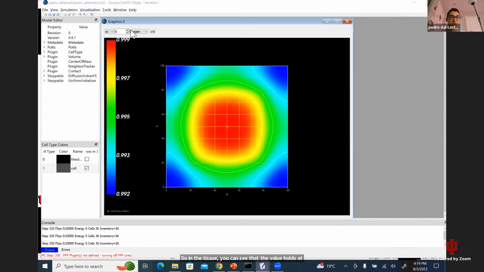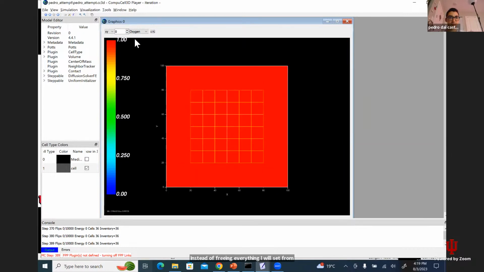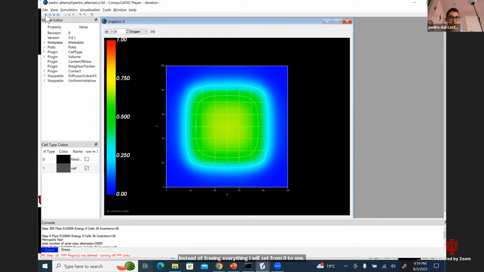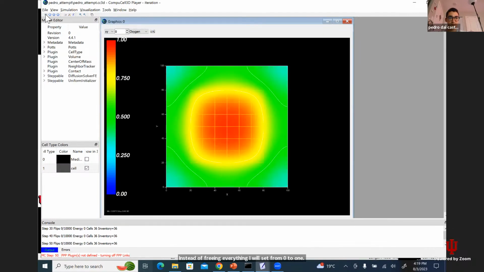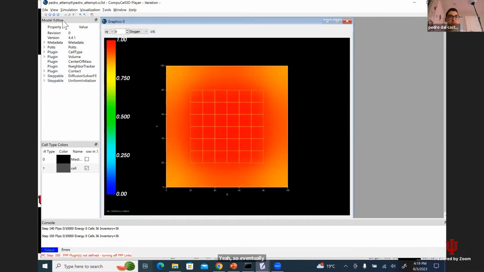If I change the visualization, it will be more clear for us all. Instead of freeing everything, I will set from 0 to 1. Eventually, the field maintains at 1.